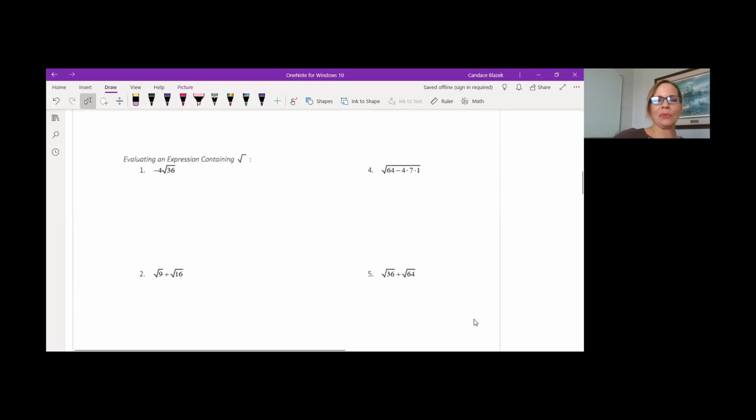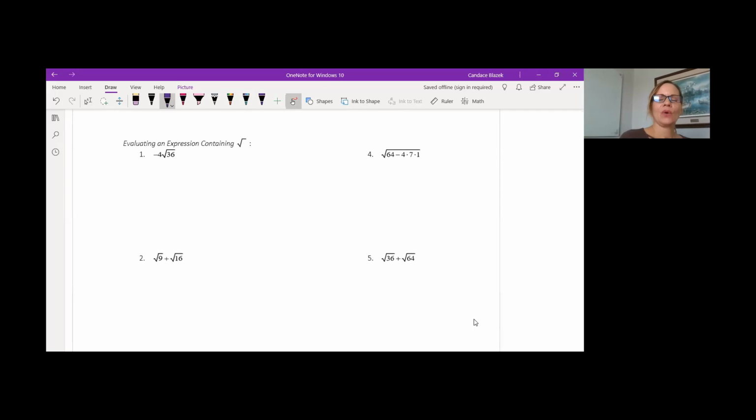All right, so evaluating. When you are evaluating, right, we're going to be simplifying square roots. And you need to handle a square root as if there's already a set of parentheses around it. So we are going to simplify the expression, take the square root, and then any other operations.